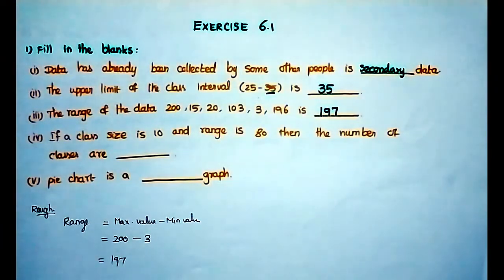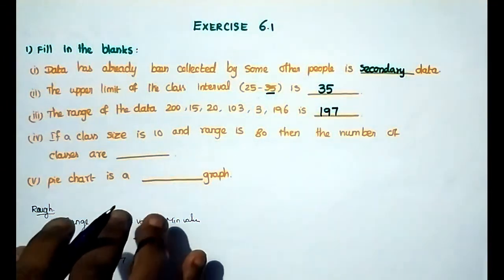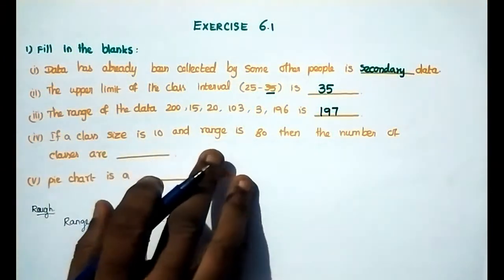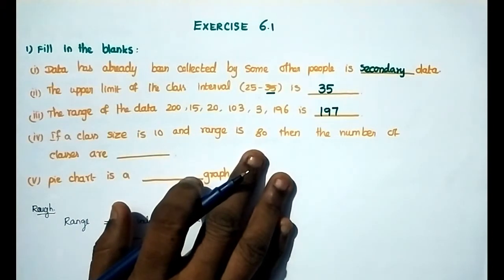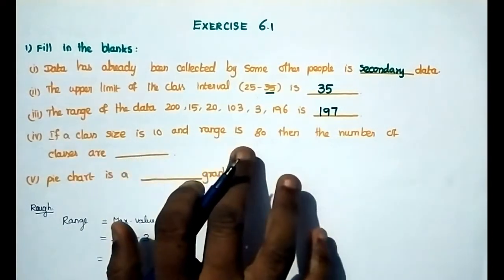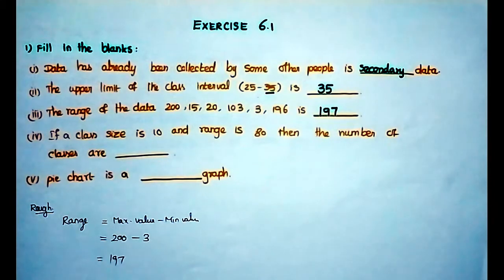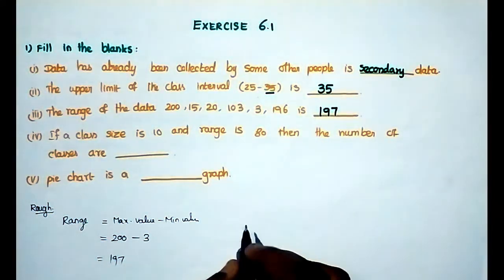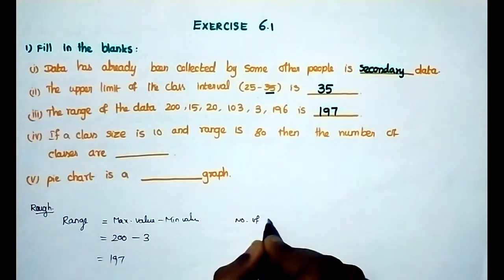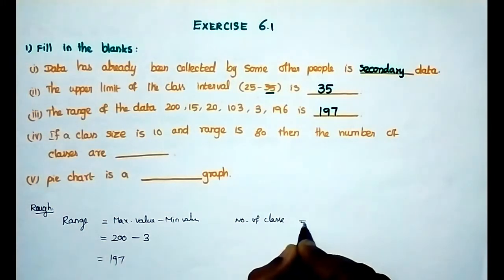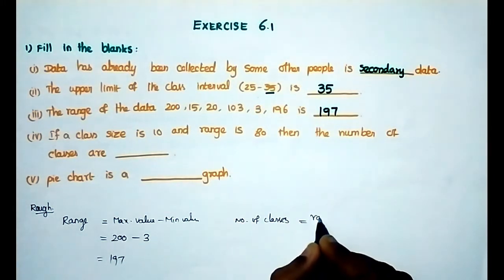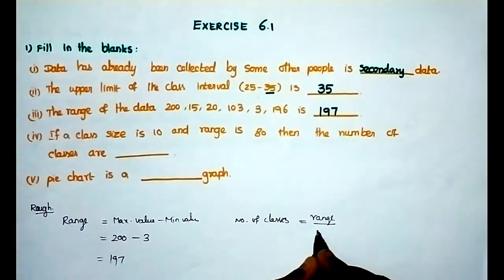Next one, if a class size is 10 and range is 80, then the number of classes are dash. We know that number of classes equals range by class size.